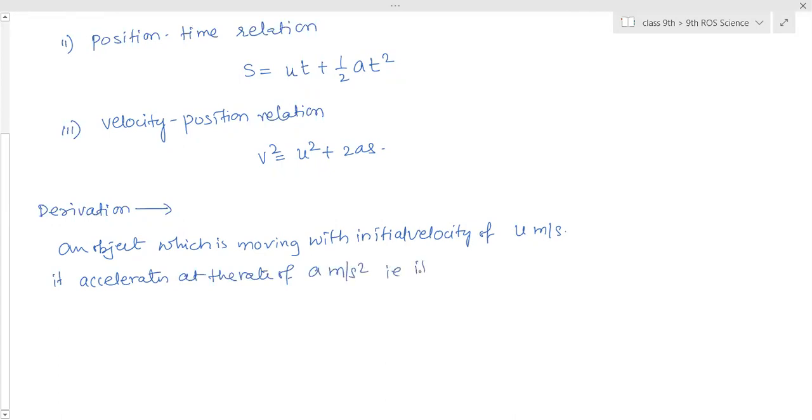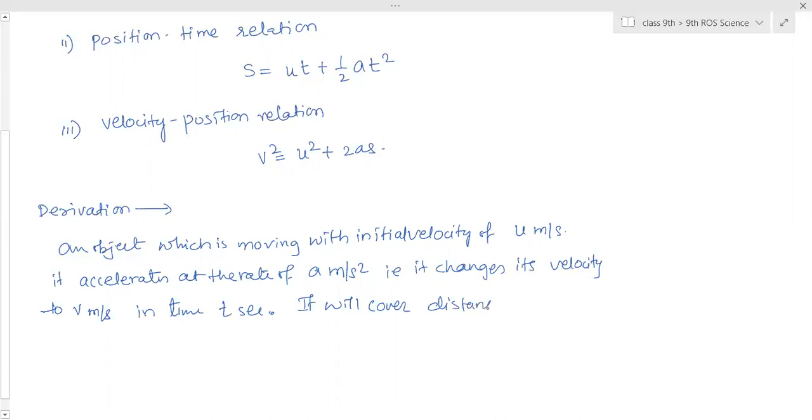That is, it changes its velocity to v meter per second in time t seconds. And in this interval, it will cover a distance of s meters.